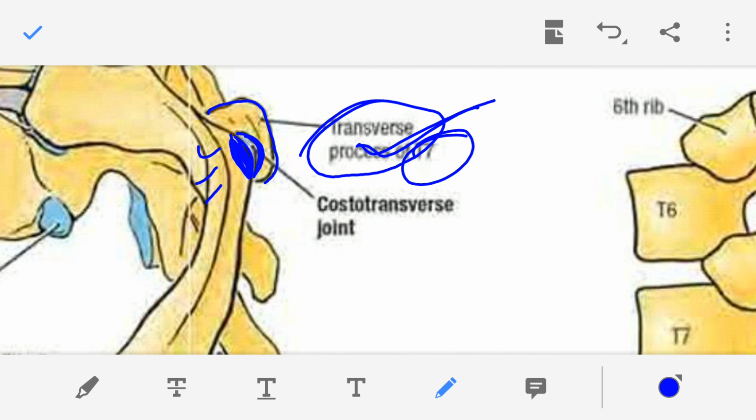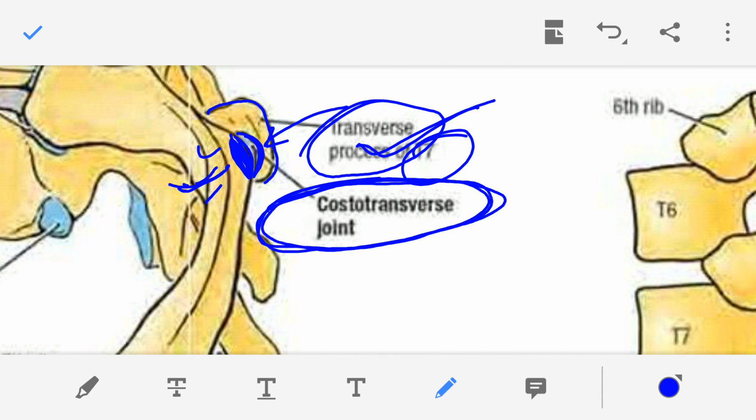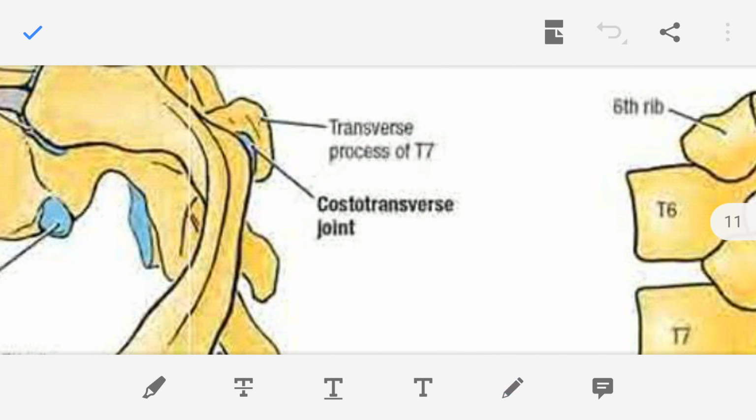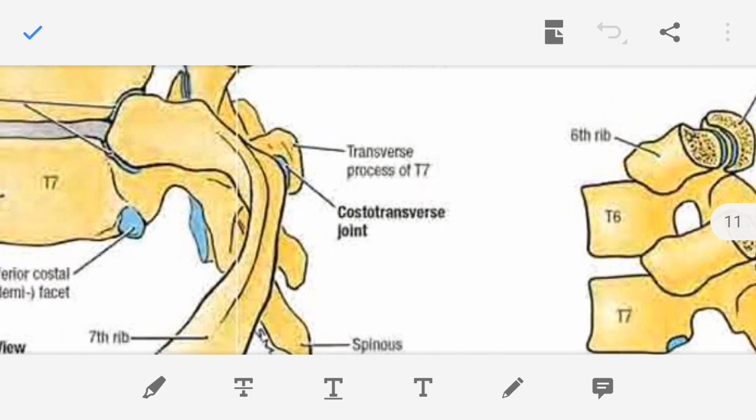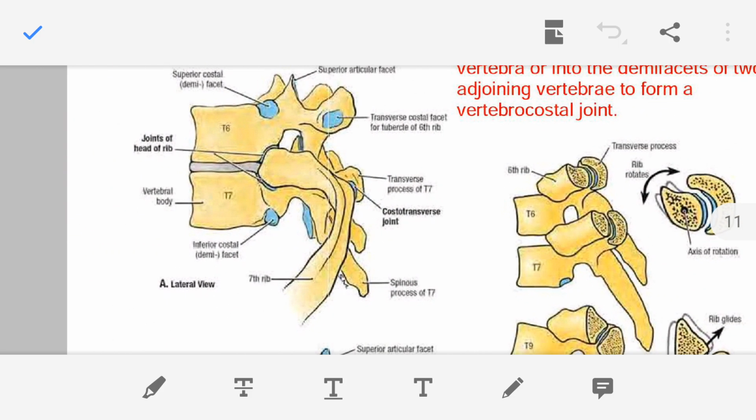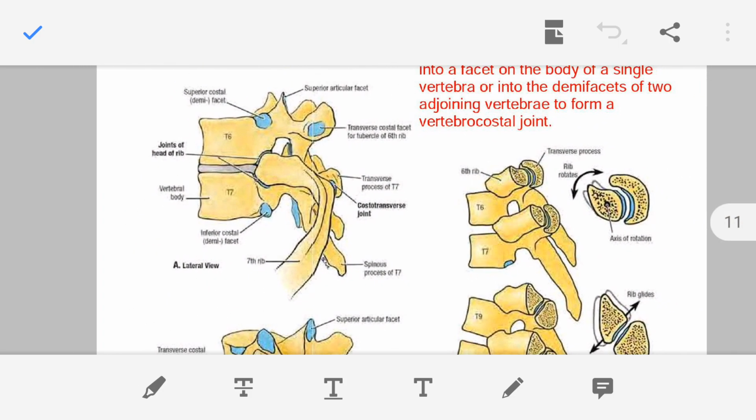So the joint which is formed between this articular facet and the facet of the transverse process, this joint is known as the costo-transverse joint. So I am zooming out so that you can understand this properly, okay.